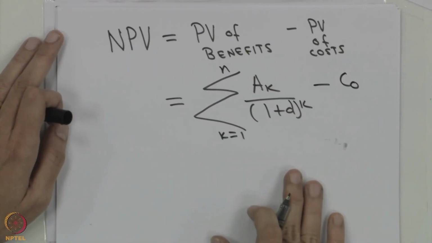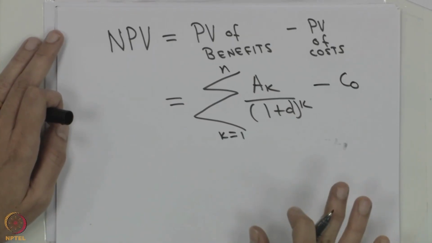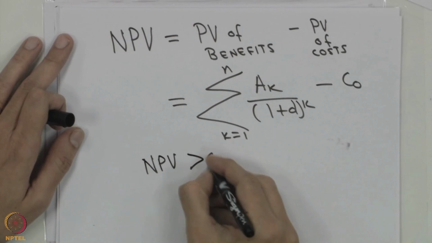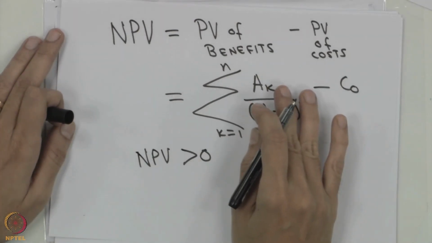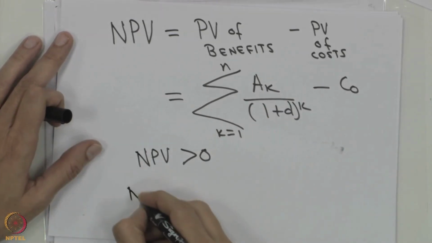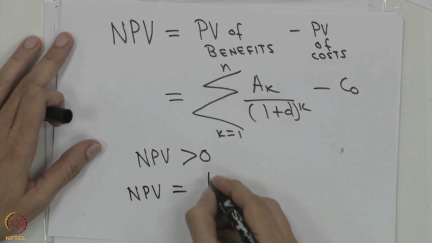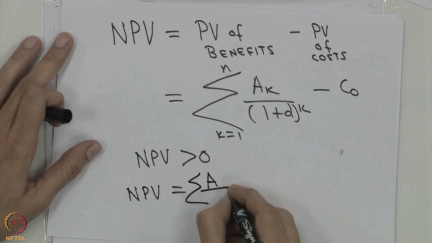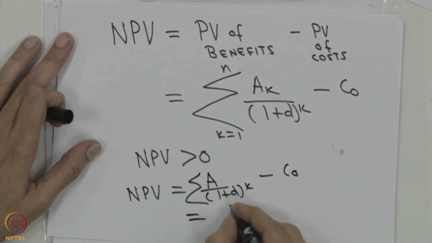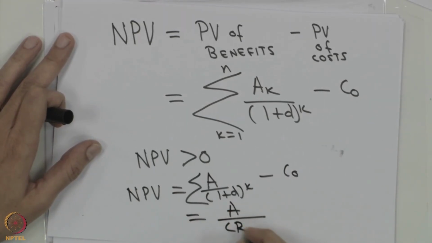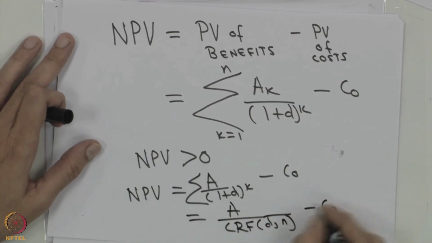And what is the criteria? The criteria is that net present value should be positive, benefits must exceed costs, NPV greater than 0. If we now had the special case where A_k is constant, then NPV will be equal to the sum of A / (1 + d)^k minus C0, which will be A / CRF(d, n) minus C0.